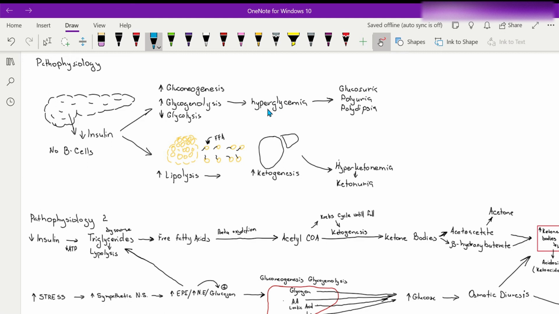All this will lead to hyperglycemia, and increased glucose in the body will cause glucosuria, polyuria, and polydipsia. Increased drinking, increased urination, and increased sugar in their urine.